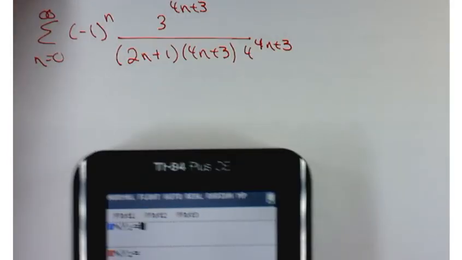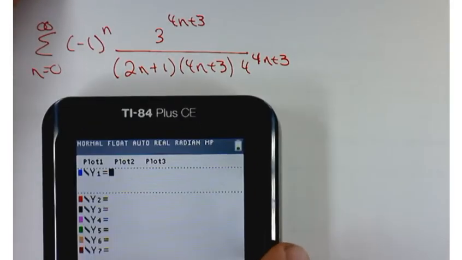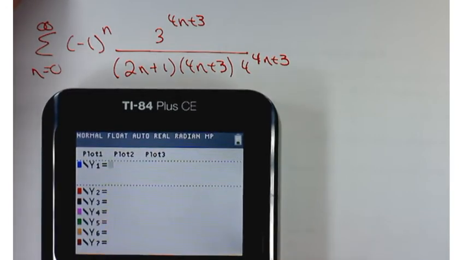I don't want to get too clever because I think you guys are getting tired, so let's just do a kind of brute force approach. In the numerator, I've got 3 to the 4n plus 3.